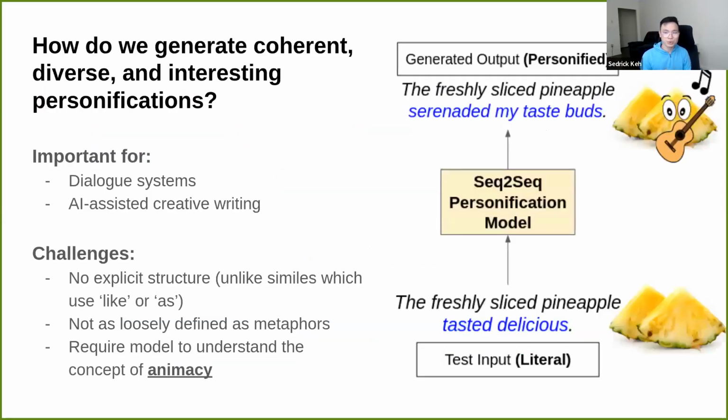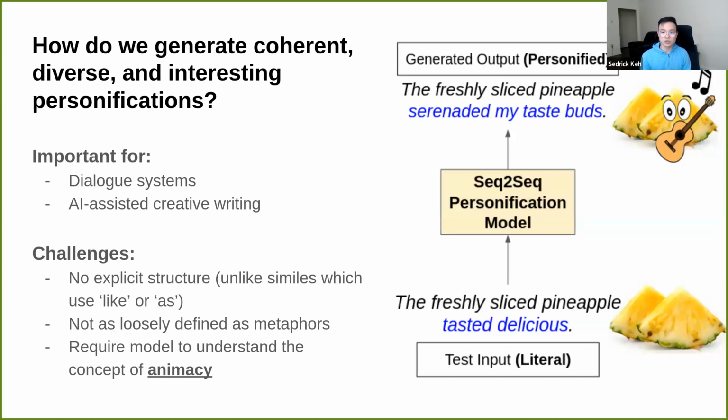To start, the main question that we're trying to solve with our paper is, how do we generate coherent, diverse, and interesting personifications? Now, for those of you who are not familiar, a personification is a type of figure of speech or figurative language where an inanimate object is being endowed with qualities that are distinctly animate and distinctly human.